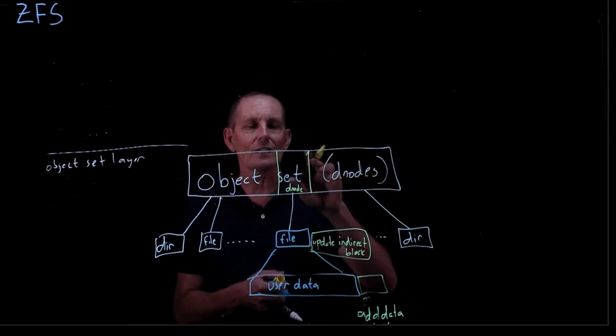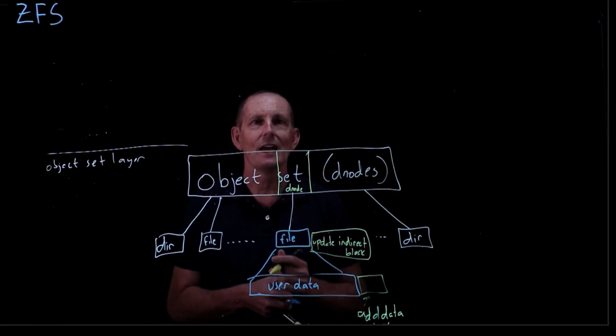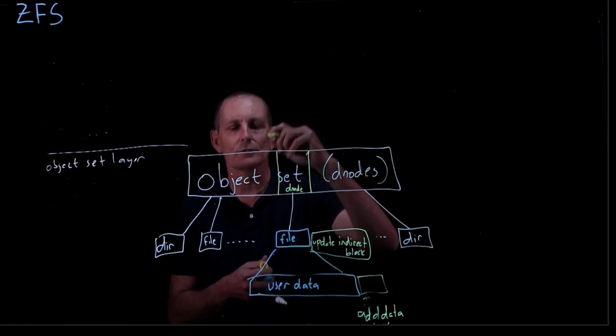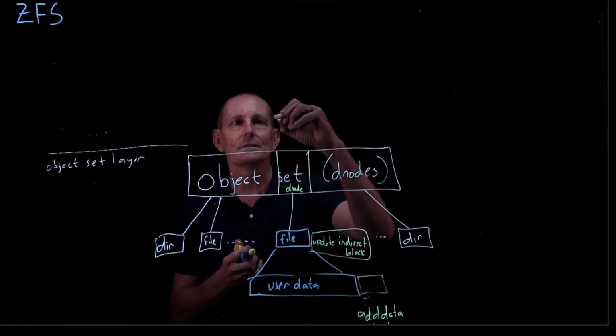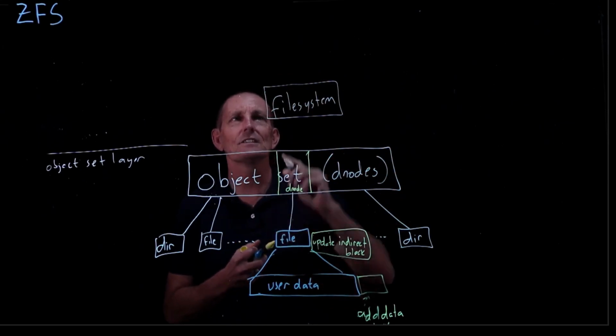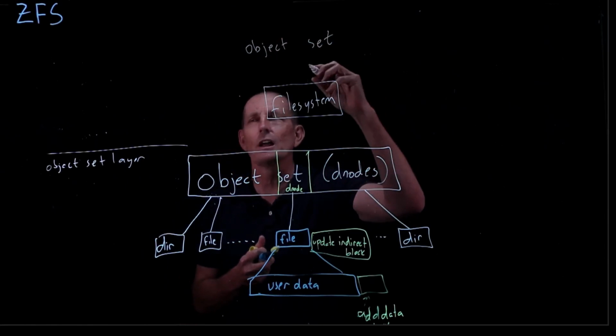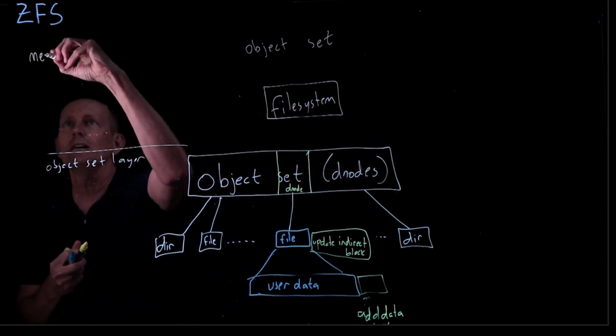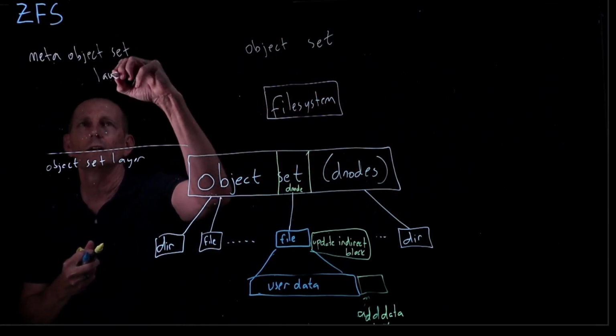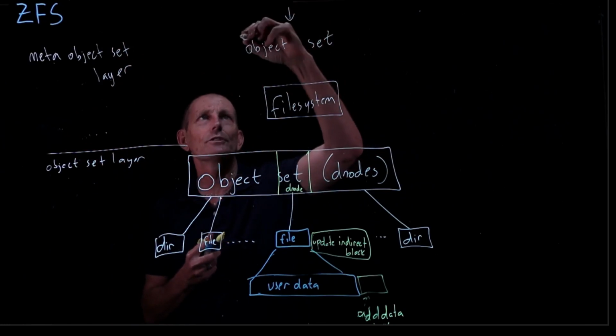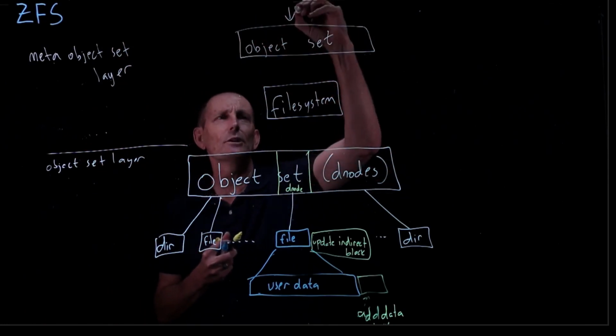Now the checksum of this object set has changed. This is referred to from a file system object. Okay? This file system object is referred to from a different object set. This is the meta object set layer. And this is referred to from the Uber block.